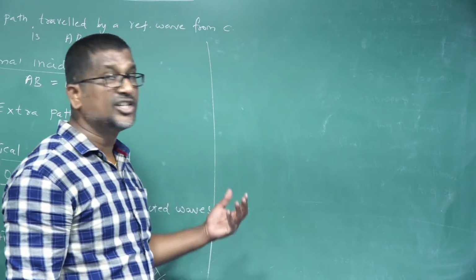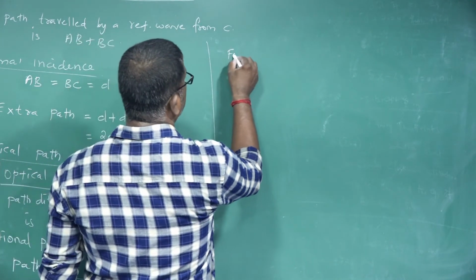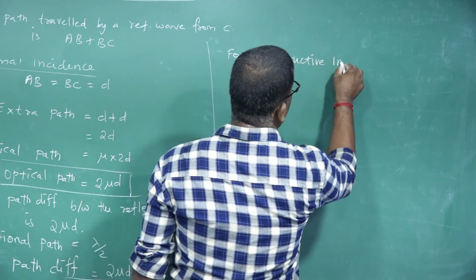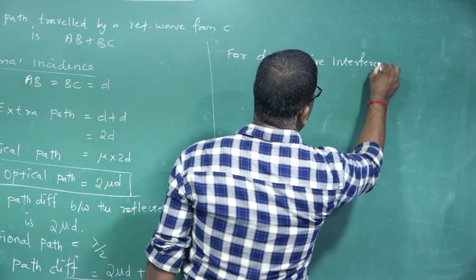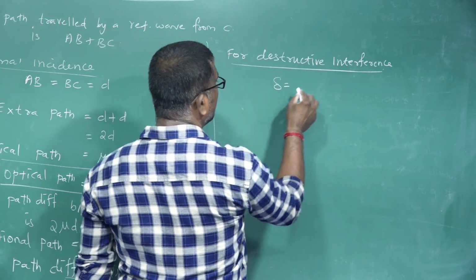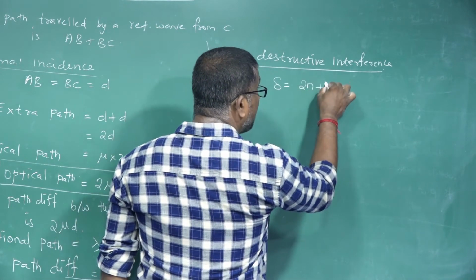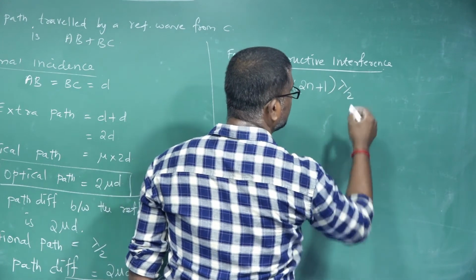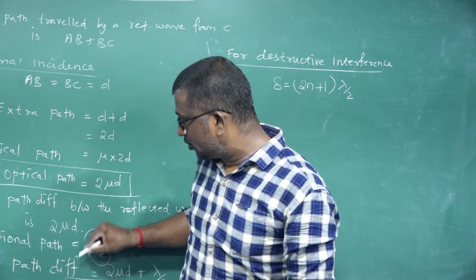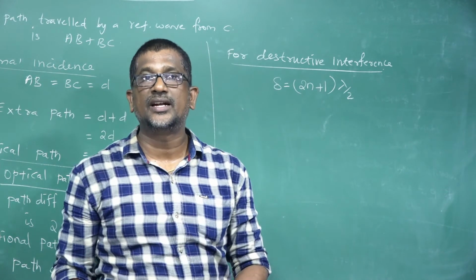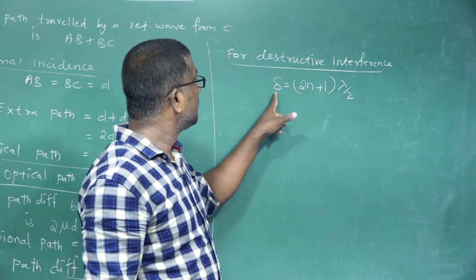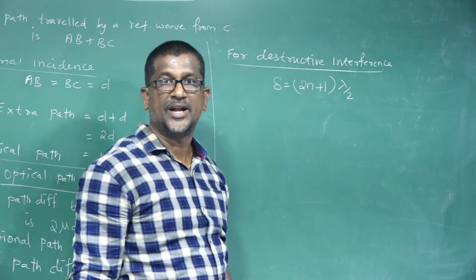Similarly, the condition for destructive interference: path difference del is equal to 2n plus 1 lambda divided by 2. Whenever the additional path difference, that is lambda by 2, is introduced in the interference region, the path difference for destructive interference should be taken as del is equal to 2n plus 1 lambda divided by 2.